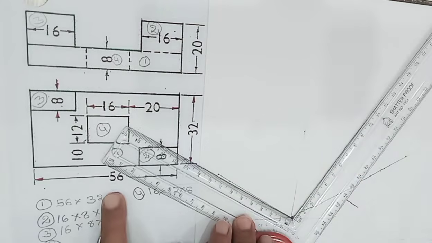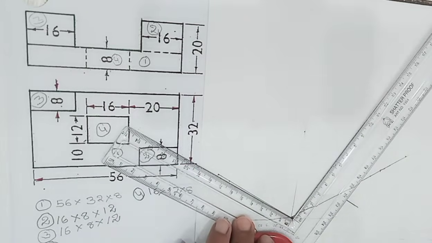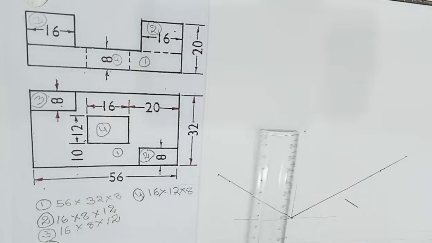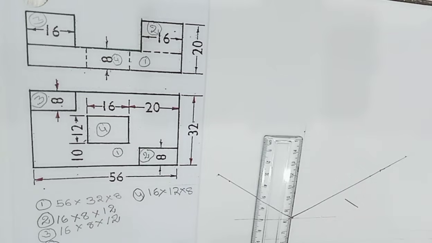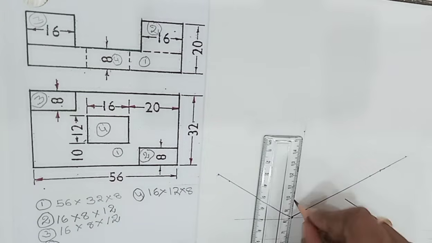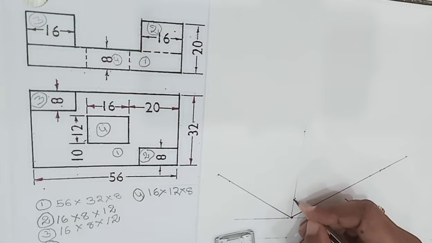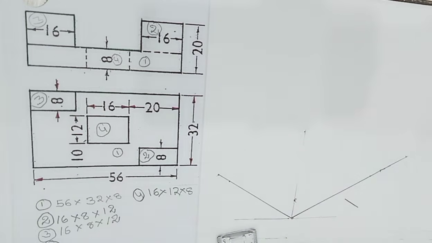That is 56 into 2, 32 into 2, and then height 8 into 2, that is 16. Height should be aligned along the y-axis.